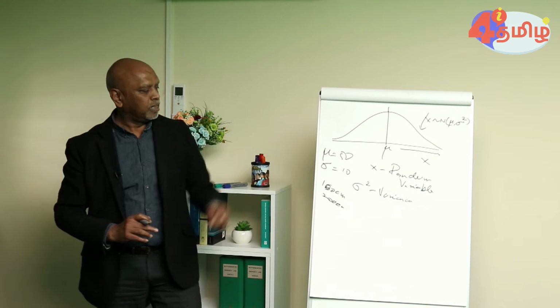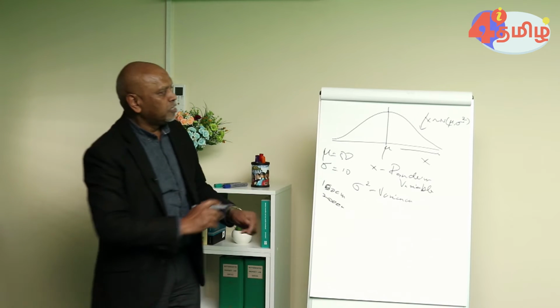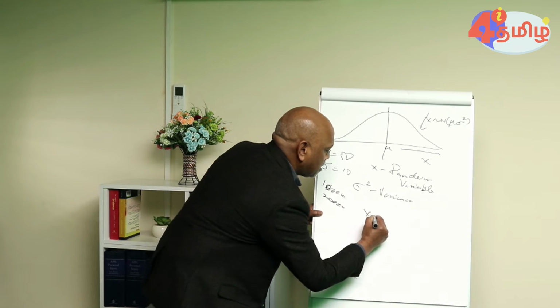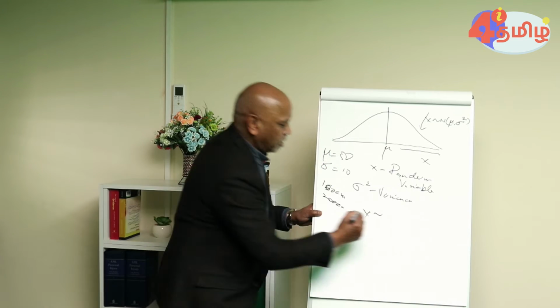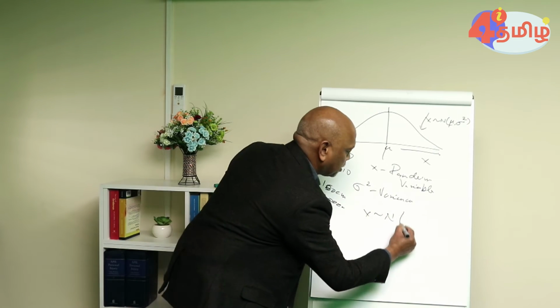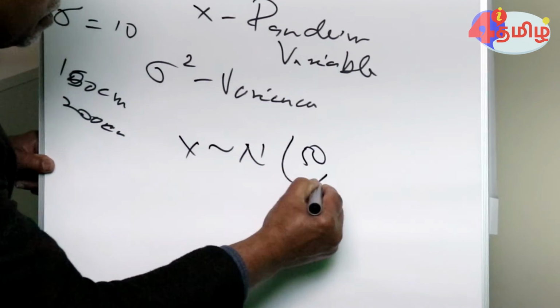So having done that, we have mu is 50, sigma is 10. If I want to write that X corresponds to the normal distribution, that is actually telling you what the normal distribution is. Instead of mu, I can put 50.